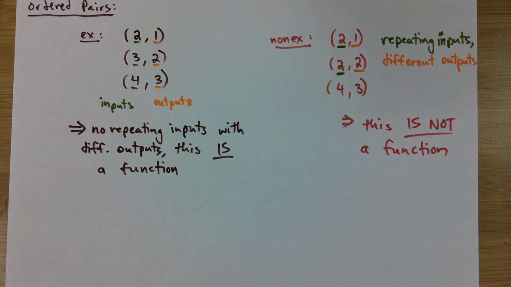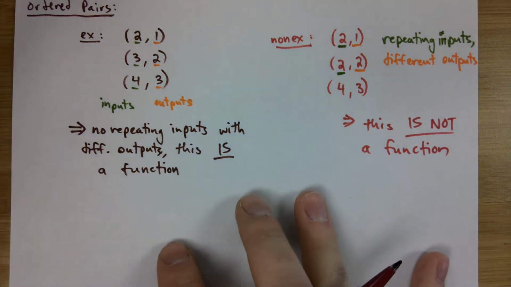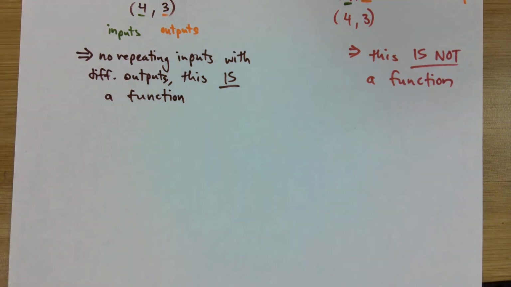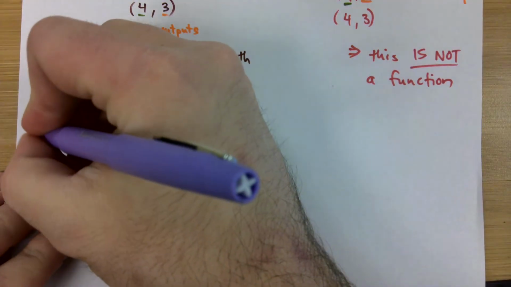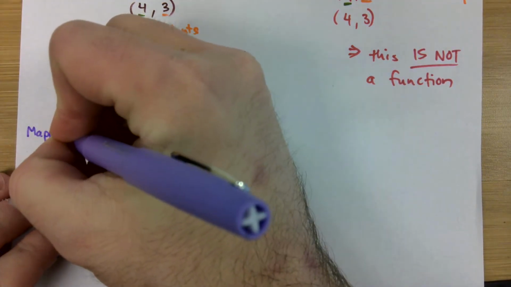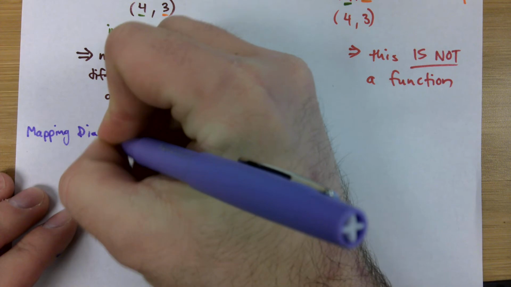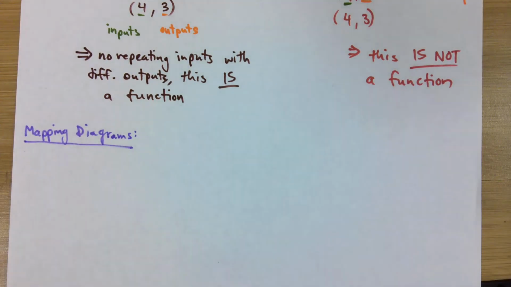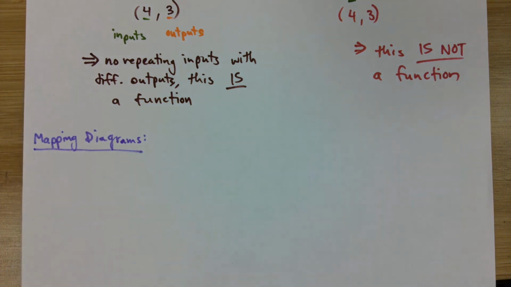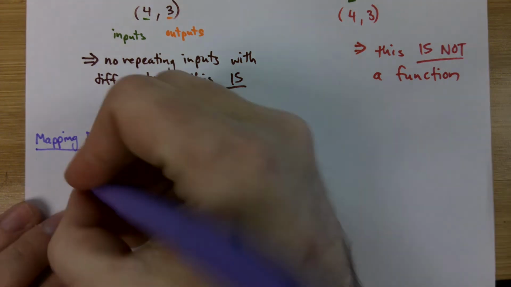Right, Brandon? Right. Now, we're not only going to see ordered pairs, we may also see mapping diagrams. And a mapping diagram is going to look like this.